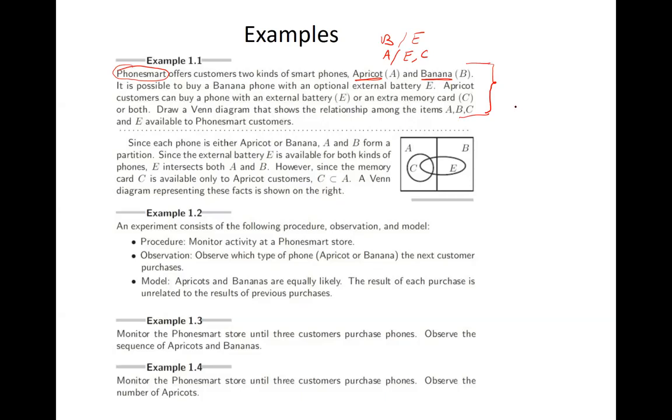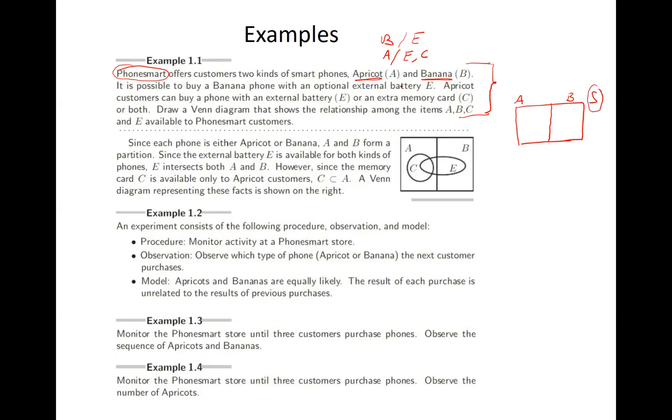We have a sample space here, and there are basically two types of mobile phones, so we can divide the sample space into two. A refers to apricot, B refers to banana. Altogether, it forms the sample space.